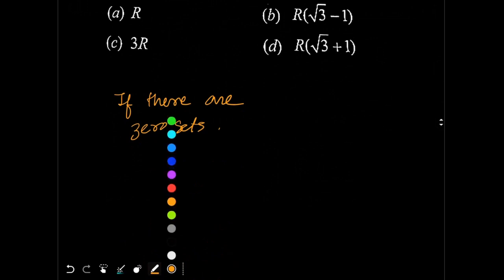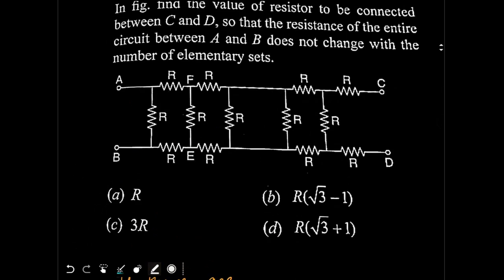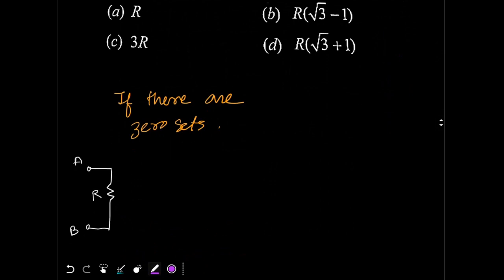So we have A and B, then we have one resistor over here, R. Correct. This is the first branch, and then we have got these repetitive sets. Now what we want is to connect some resistor R1 over here. Since we have zero sets, I'm connecting R1 directly over here.